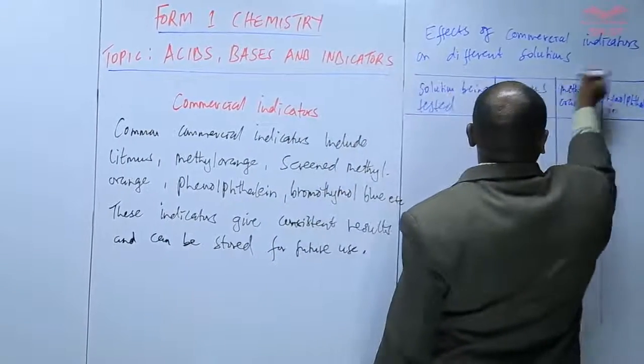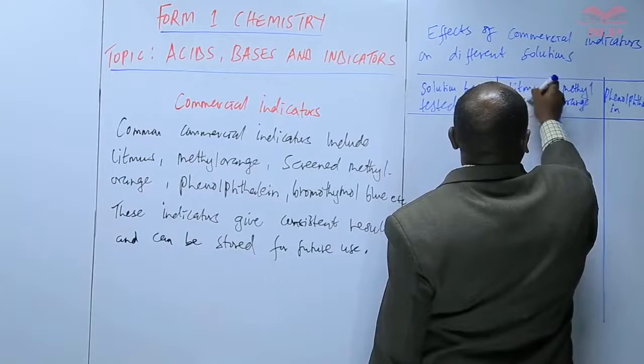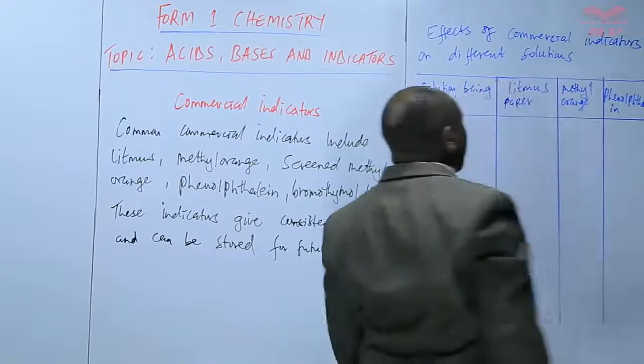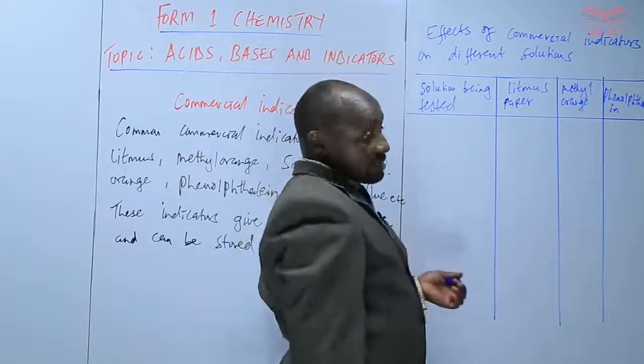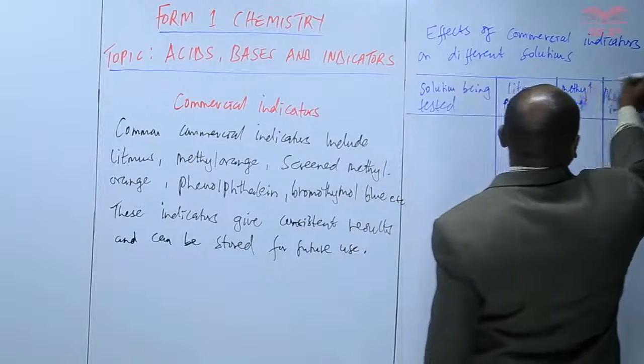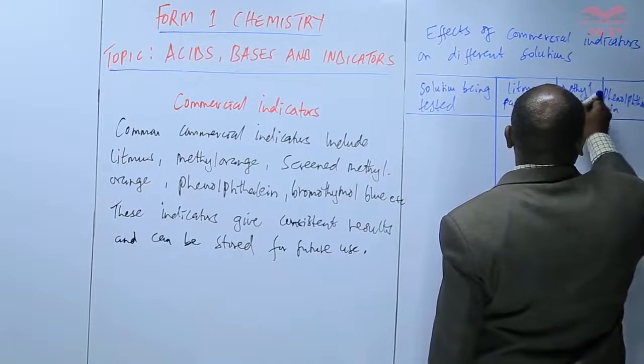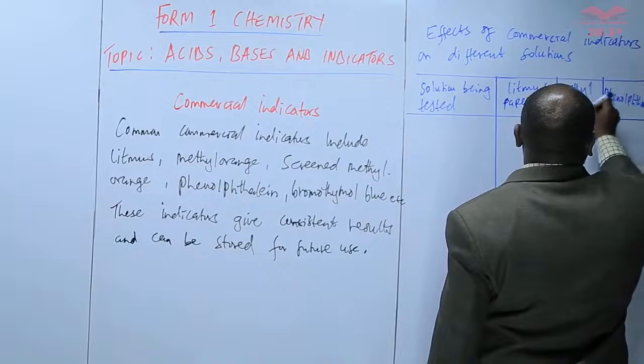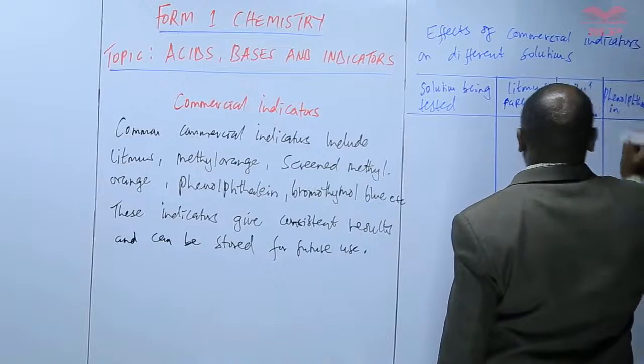Then here we can use litmus paper as one of the indicators, or we can still use the litmus solution. They just give the same results. Then we have the methyl orange indicator, and then we have the phenolphthalein indicator.